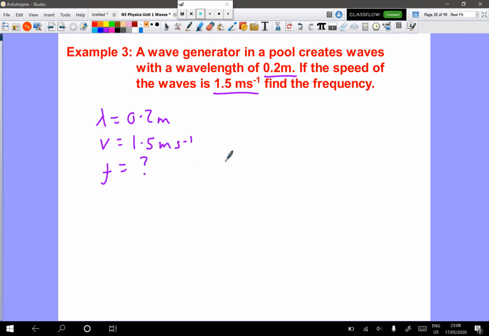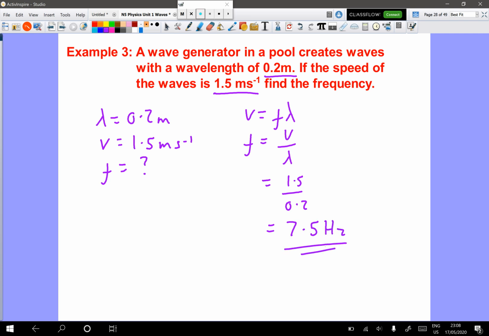Frequency, don't know. Grab the equation straight from the equation sheet, v equals f lambda. F, v divided by lambda, 1.5 divided by 0.2, 7.5 hertz. Easy.